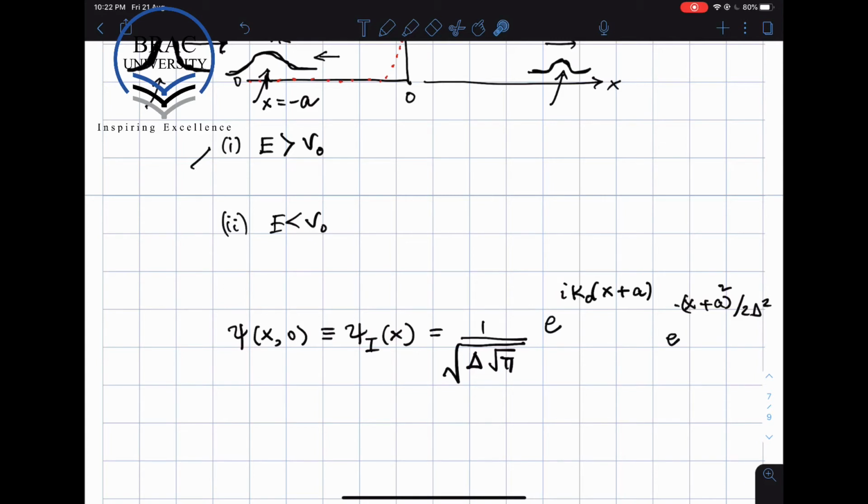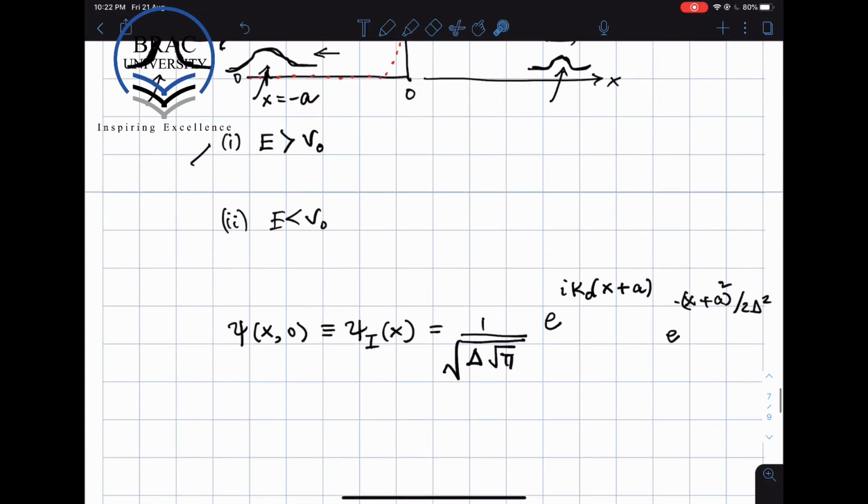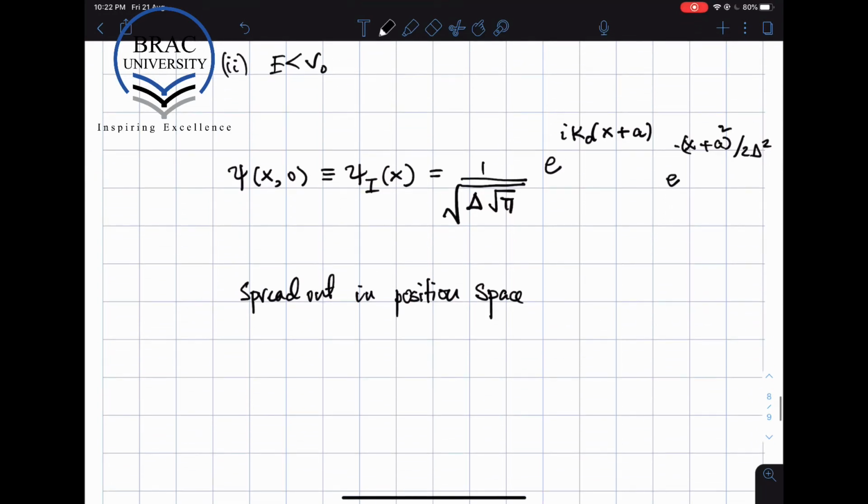So we are going to assume that this Gaussian is very spread out in position space. But in momentum space, it is very sharply peaked in k space.